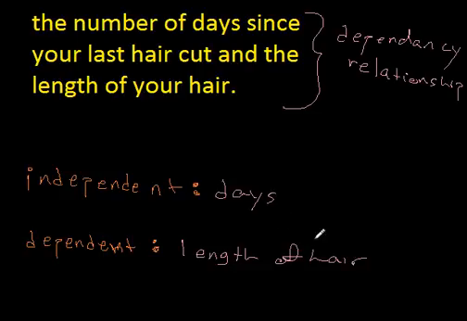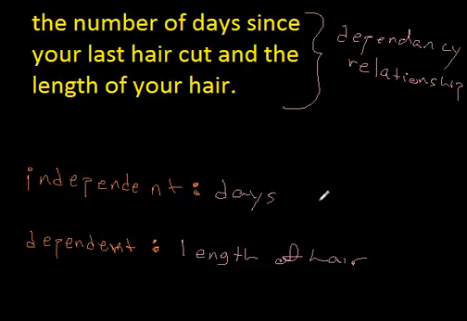Alright, so now let's look at our last portion. The thing to think about here is what happens to the dependent variable as the independent variable increases or decreases. In this case, we're going to deal with what happens when it increases.